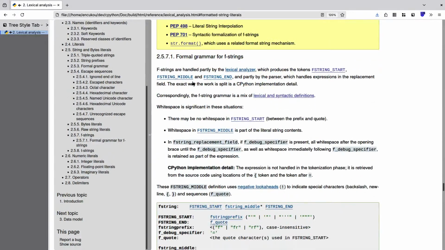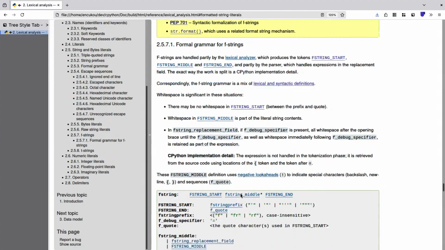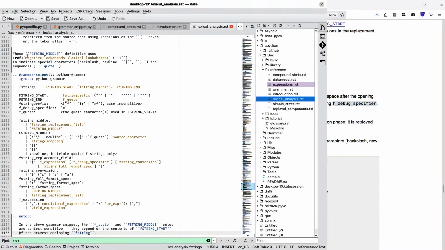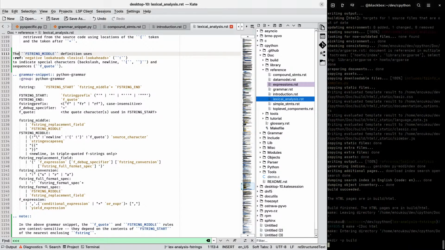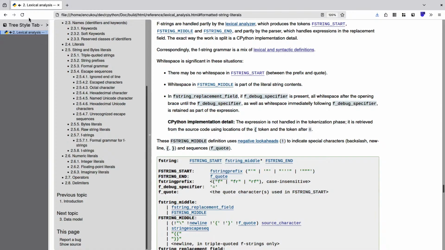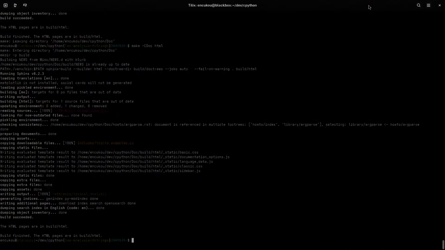It's just informal. A string middle definition. Right. And with that, I think we are close to done.